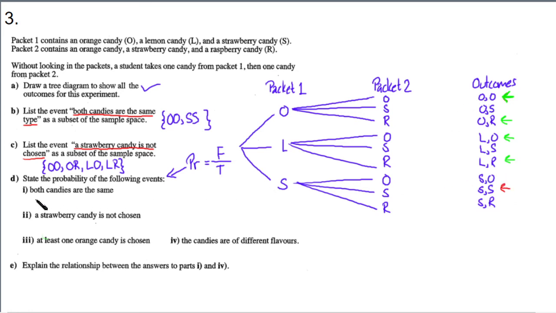So to determine the probability that both candies are the same, the number of favorable outcomes here, well, we have the first one, OO, then we have the 2 strawberries.